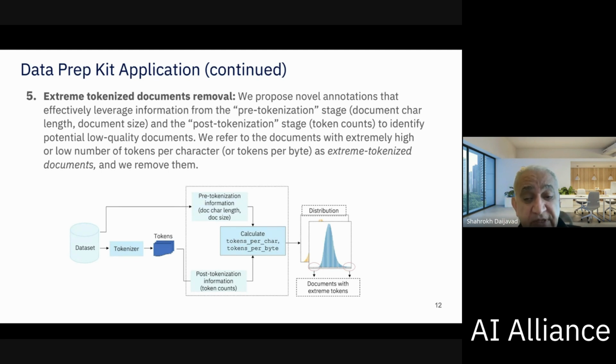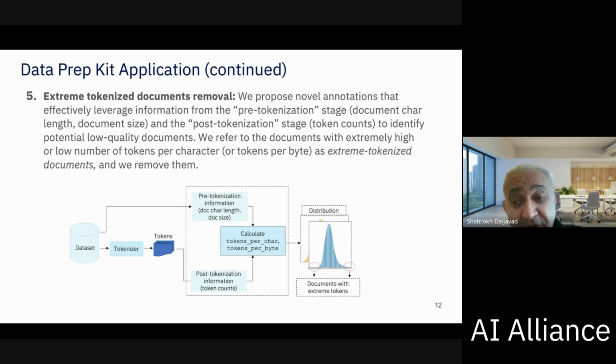We look at the pre-tokenization information, the document character length, document size, and the post-tokenization token counts, and then we calculate tokens per character or tokens per byte.